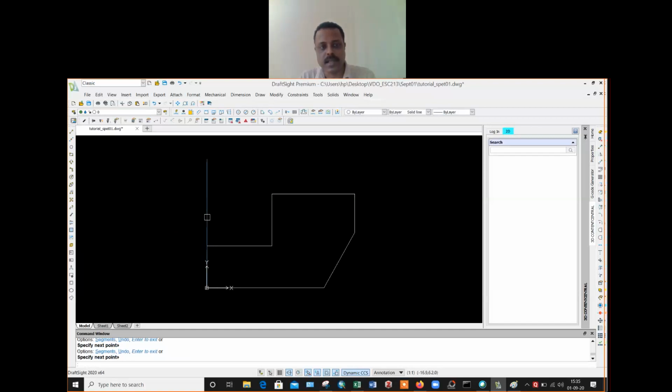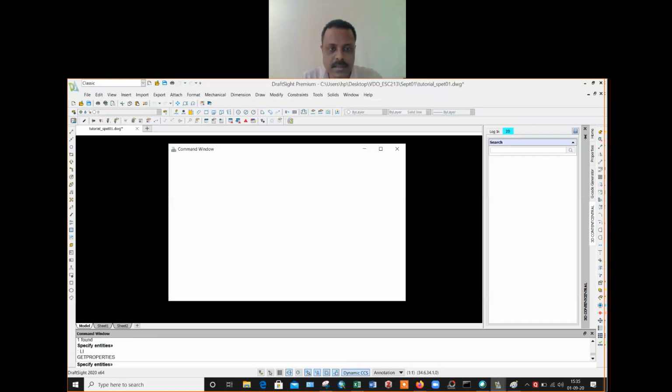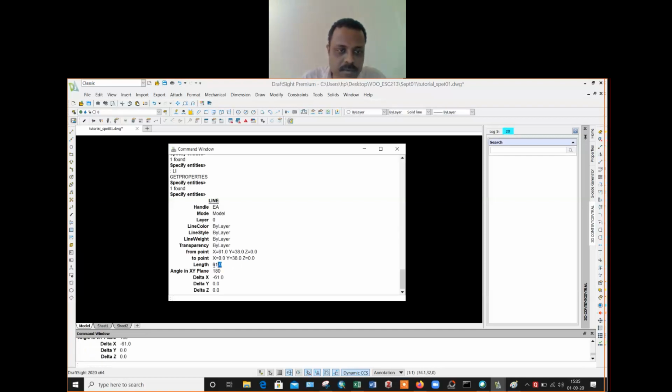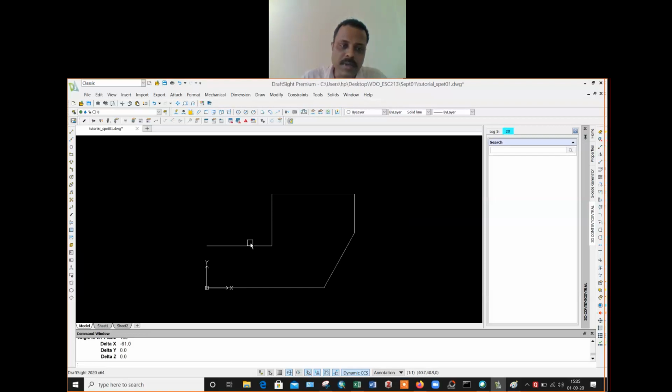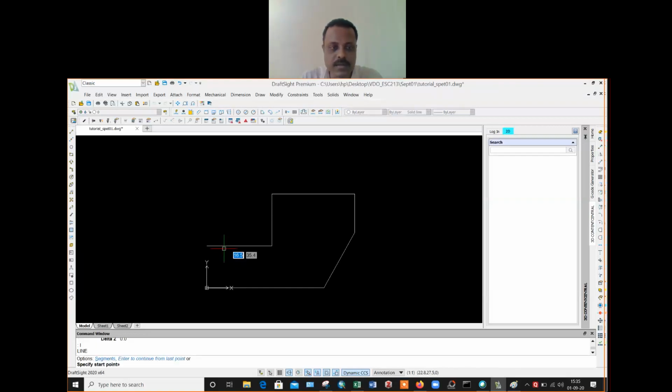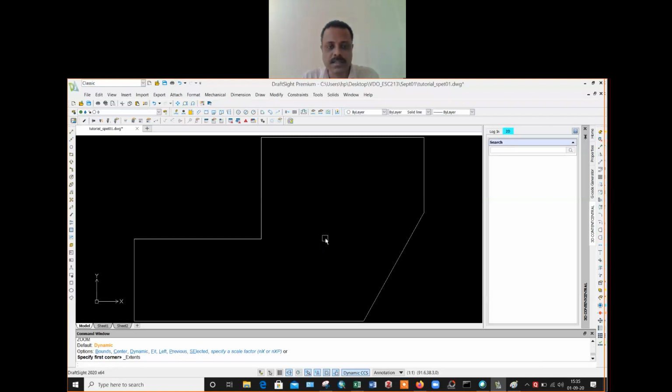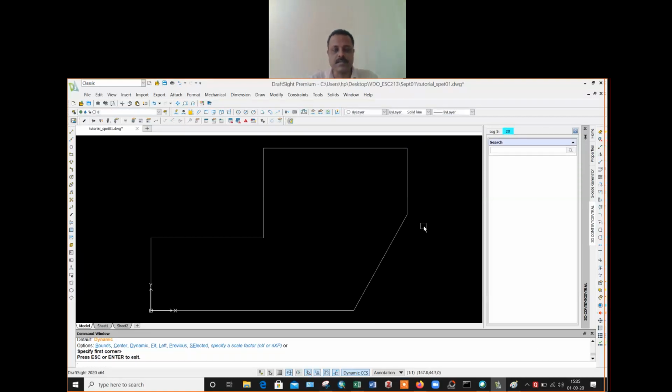I erase this line. So how much is the exact distance? This much should be 61 millimeter. 61 millimeter. And then I close this line from here up to end point of this. And then I want to zoom it, zoom E for extent. I see the whole drawing. And then one more time, this is the figure.